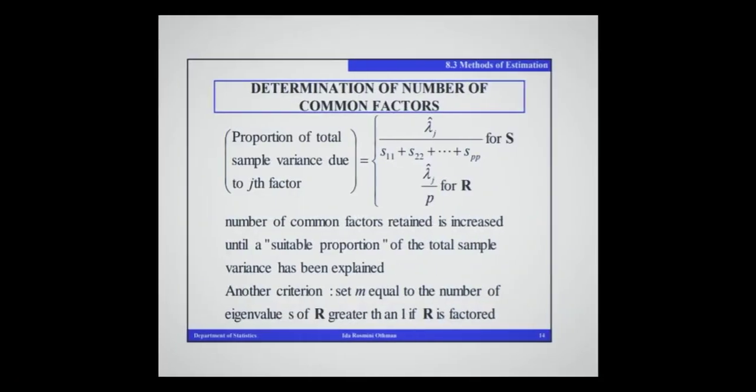Okay, and then we also can find the determination of the number of common factors, which is the proportion of the total sample variance. Macam sebelum ni kan, kita boleh tengok berapa banyak ataupun berapa persen the common factors that we conclude is represent the variance. Okay, so kalau gunakan variance covariance matrix, this is a formula.